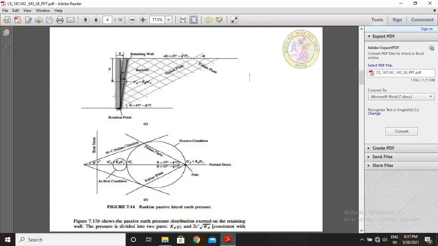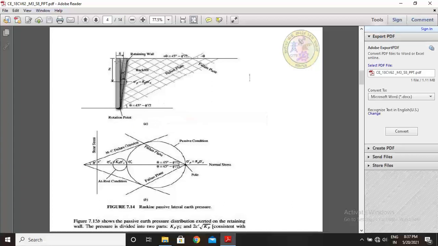So this is the retaining wall. The wall is vertical and the backfill is horizontal, and this is the wall friction, that is delta, and these are the failure planes. The failure planes act at an angle theta equal to 45 minus phi by 2.